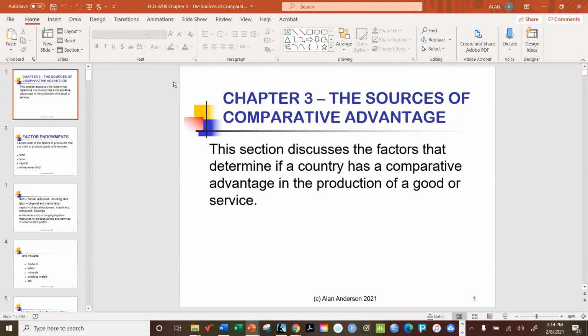What happens sometimes is that we find results in the real world that may seem somewhat contradictory. And so the point of the theory is to help us offer explanations for when we find areas where the theory doesn't work. Now, keep in mind too, conditions in the world have obviously changed since David Ricardo was writing in 1817.